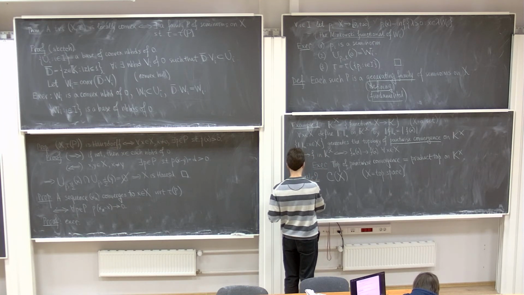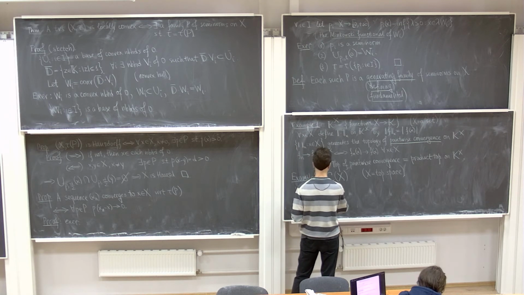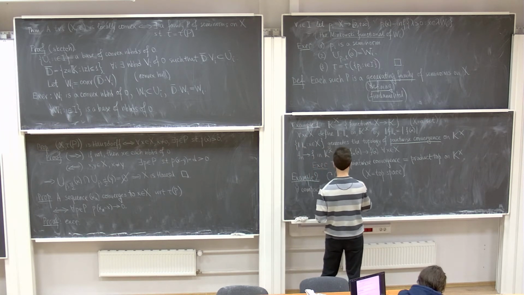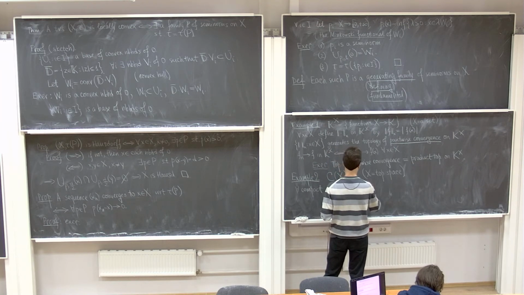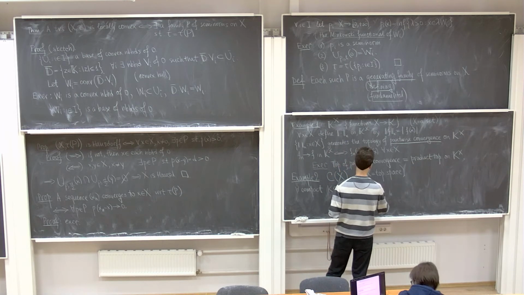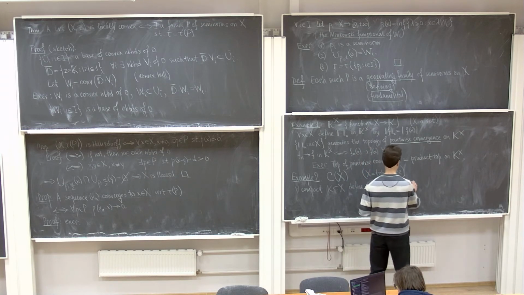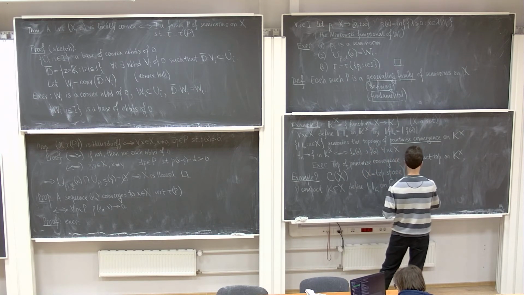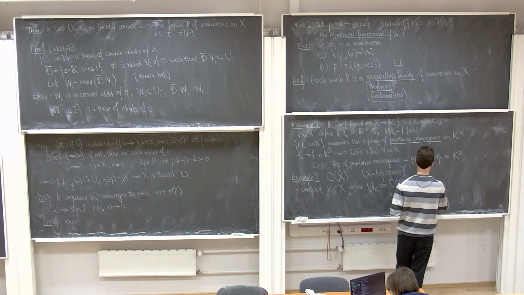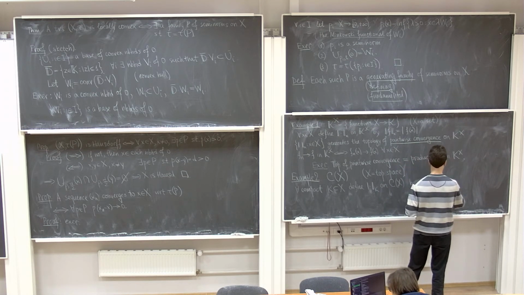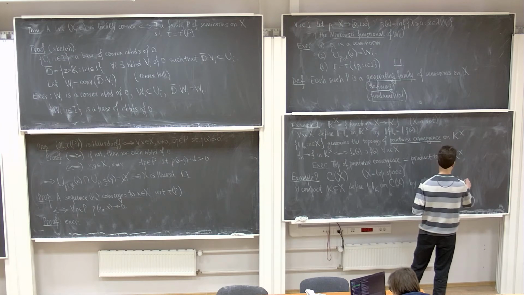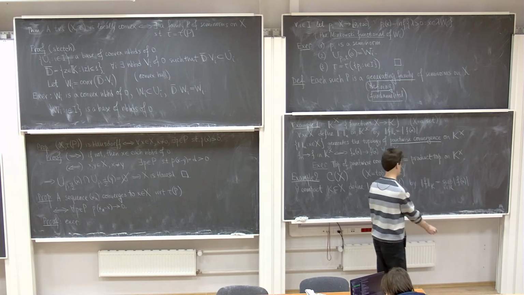So for each compact subset K of X, we define a seminorm indexed by K on C of X by the following formula. So this will be the supremum over K. K is compact, and so the supremum is finite.